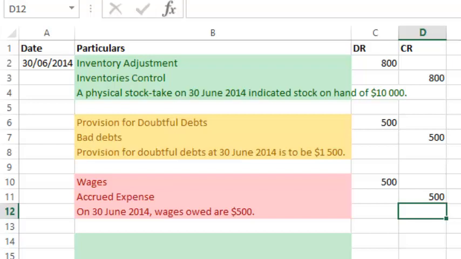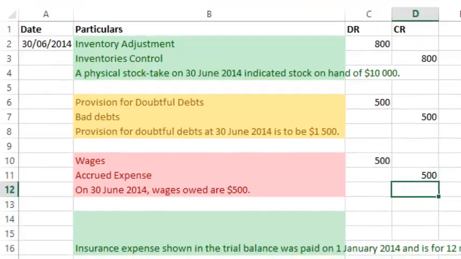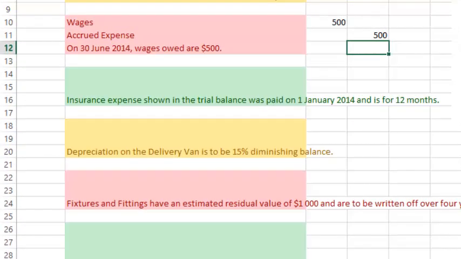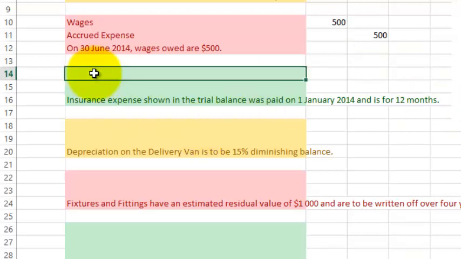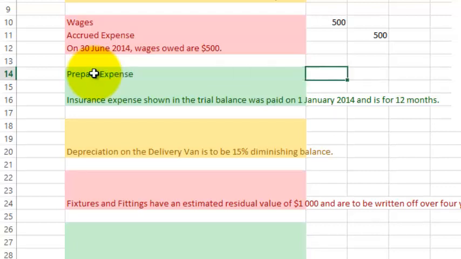The next entry is insurance expense. It was paid on the 1st of January 2014 for 12 months. Our balance date is on the 30th of June, therefore 6 months of that is being prepaid. Therefore I have to enter an entry called prepaid expense, and that is for half that amount. So I've got to find out exactly what that amount is.